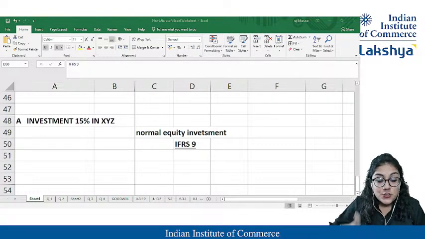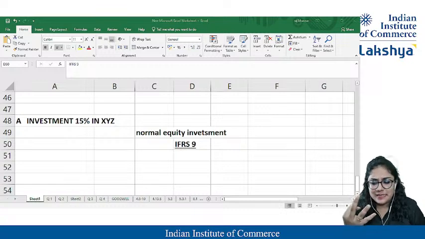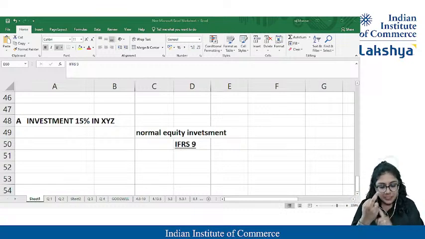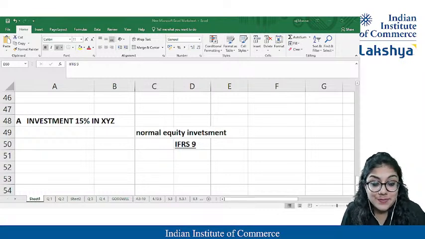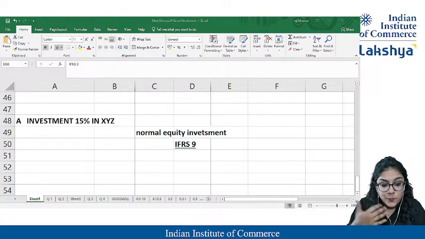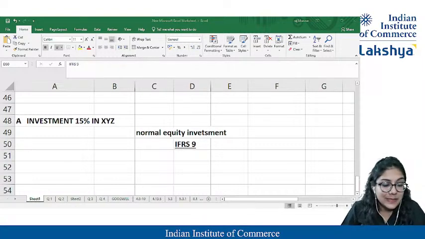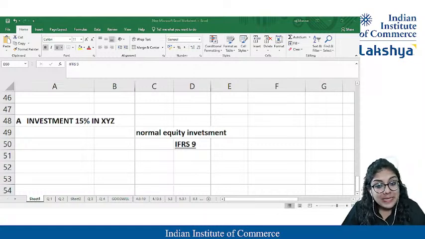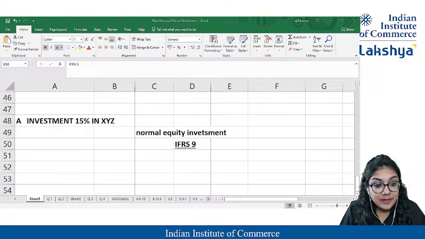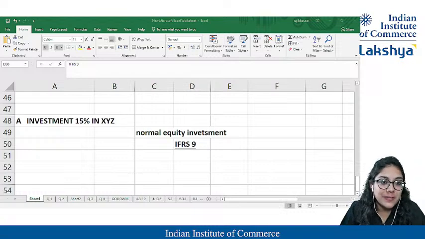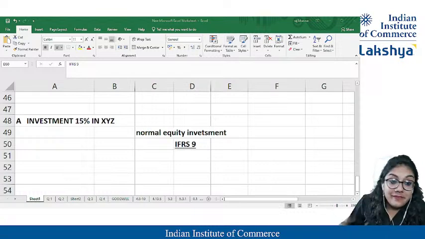So for instruments under IFRS 9, we have three categories: amortized cost, FVTOCI and FVTPL. But when I talk about equity investments, looking at contractual cash flows, will I be getting interest all the time? No. Will I be getting dividends all the time?